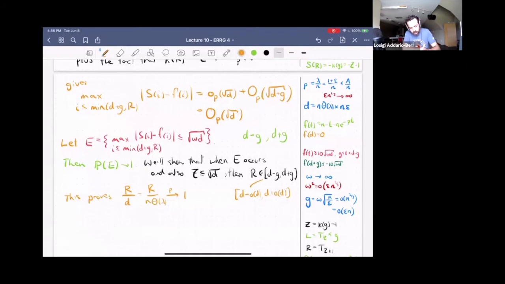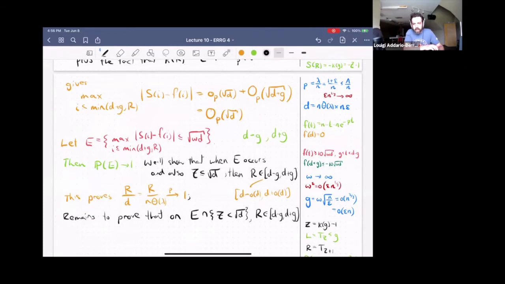And so it just remains to prove that on the event that E occurs and Z is at most root d, we indeed have R in this interval.